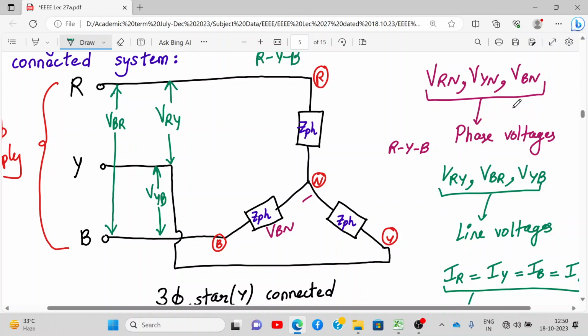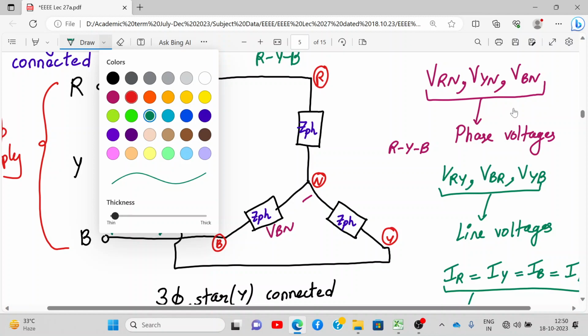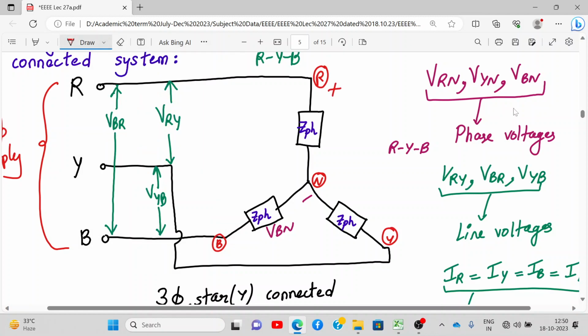Acha, I'll show you the phase voltages over here. See here. This is neutral point now. So this is VRN. This is phase voltage. This is a neutral point, right? So VBN is my phase voltage, and over here VYN is my phase voltage. So all the phase voltages I'm highlighting with yellow color.